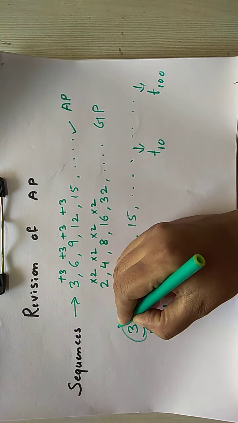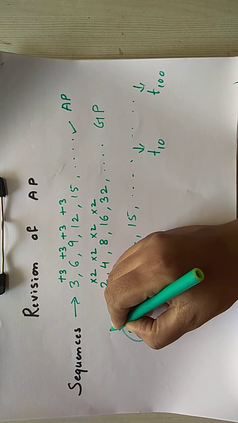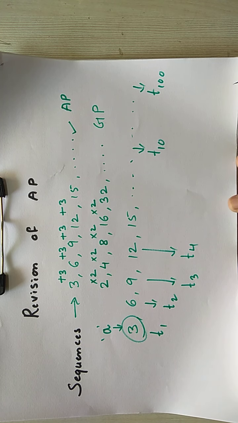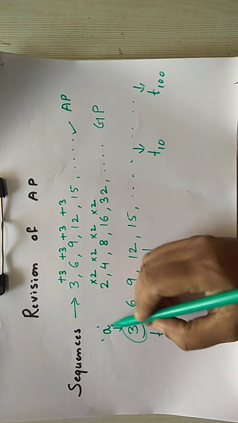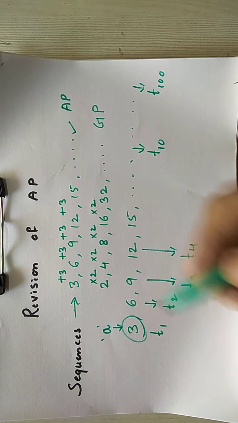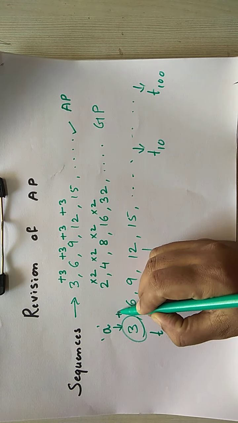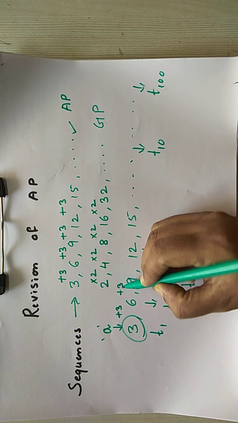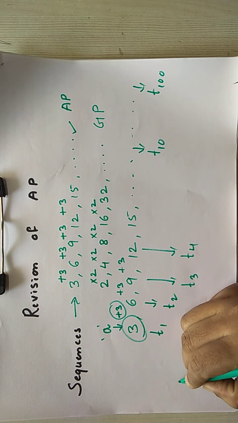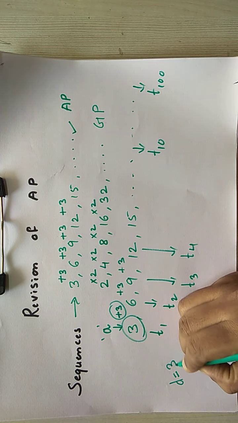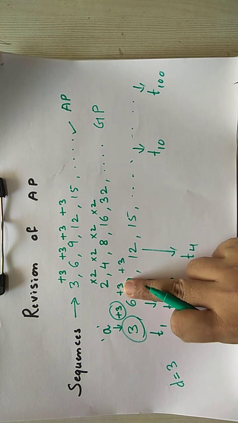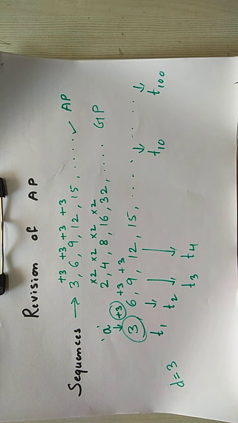The first term, that is T1, is given a special symbol called A. In the arithmetic progression lesson, we will be giving a special symbol A to the first term. Now, in this sequence we were adding 3 every time to get the next number. The number which we are adding to get the next number is called the difference. The difference between any two consecutive terms here is constant. 9 minus 6 is 3, 12 minus 9 is 3.